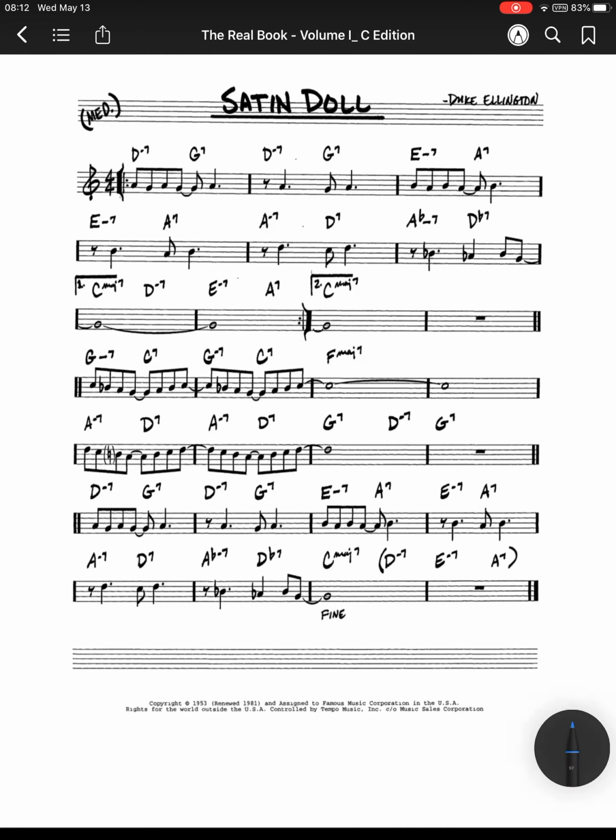First of all, when we try to analyze a jazz piece, we have to consider the era and the decade of the composition.